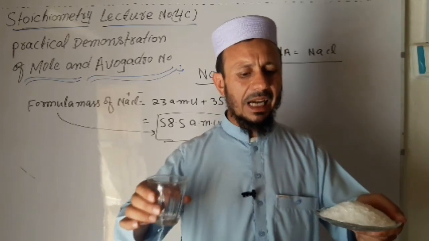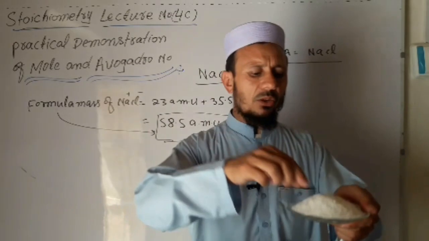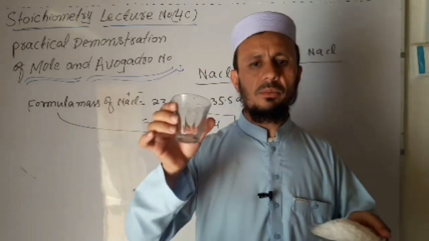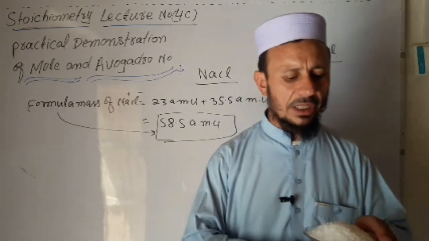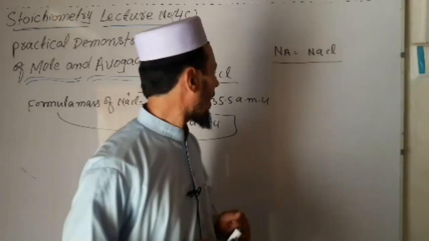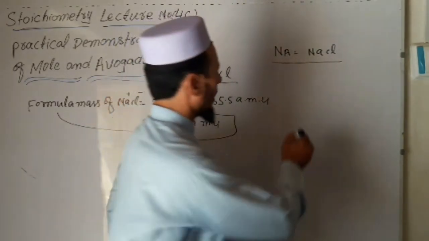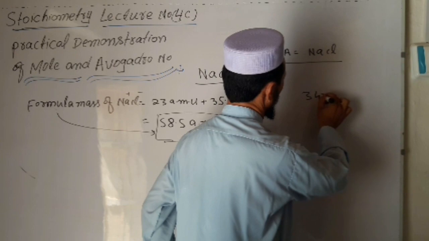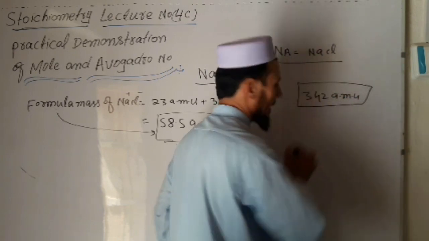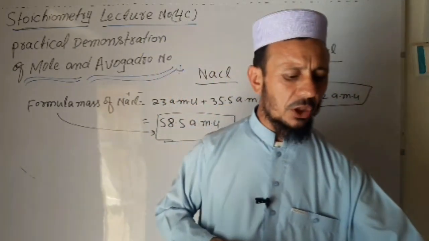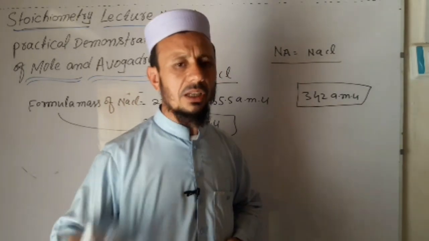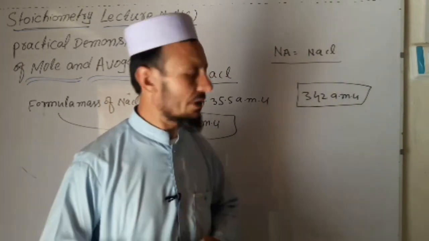So dear student, the answer is that the molecular mass of sugar is very much greater than the molecular mass of water. The molecular mass of water was equal to 18 AMU and the molecular mass of sugar was equal to 342 AMU. Therefore, 1 mole of sugar will contain a very large amount and 1 mole of water will contain a very small amount.